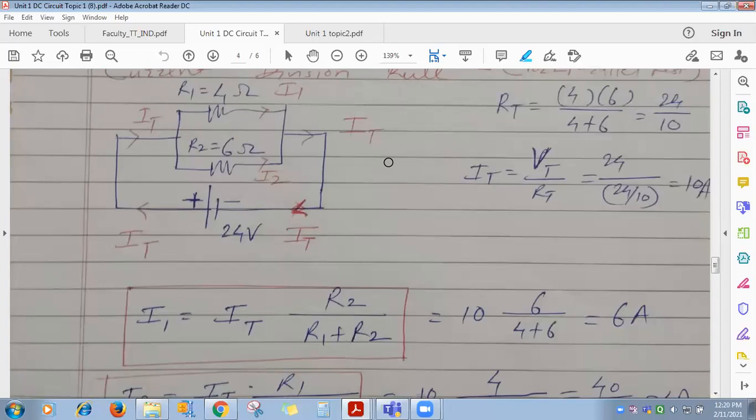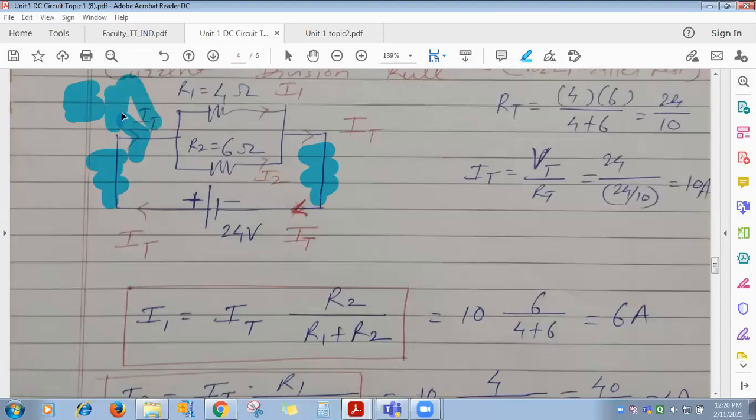Sometimes it's easy to use the current division rule rather than Ohm's law, because here only 2 resistances are there. Suppose I add 1 resistance on the left hand side and 1 resistance on the right hand side, and I total is suppose 5 ampere.